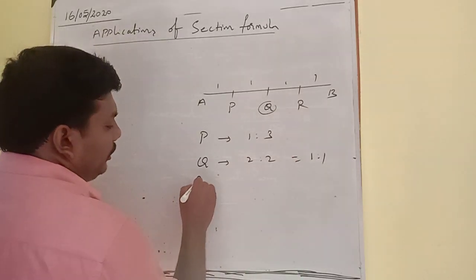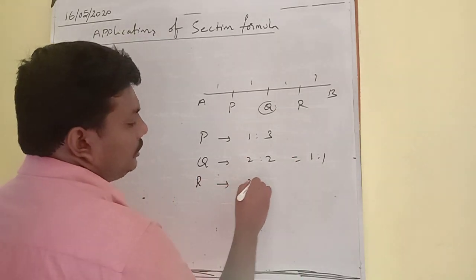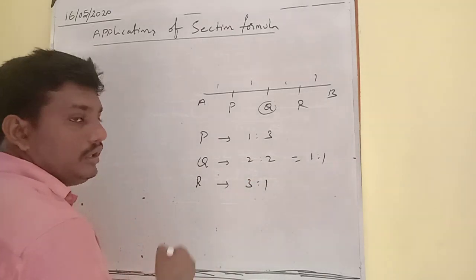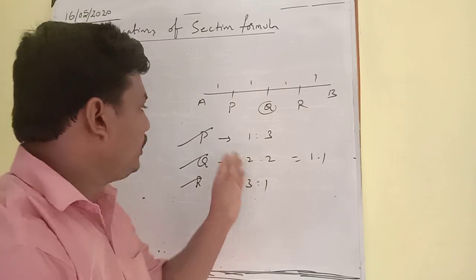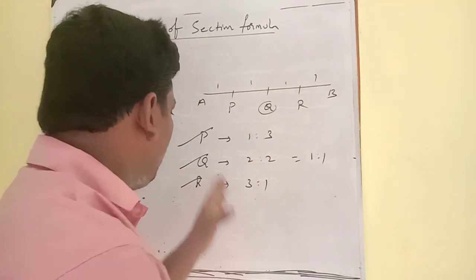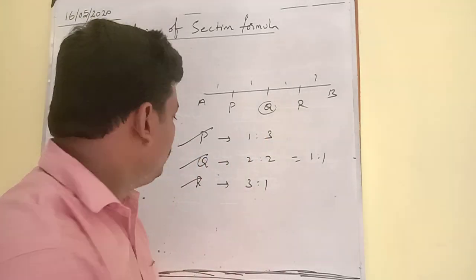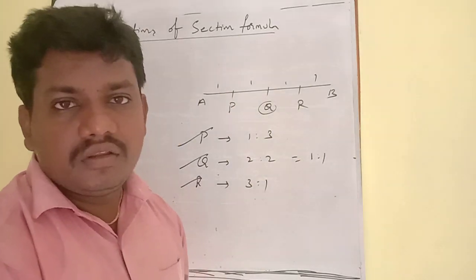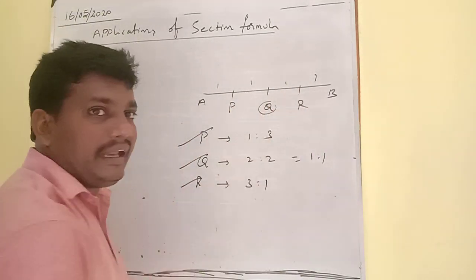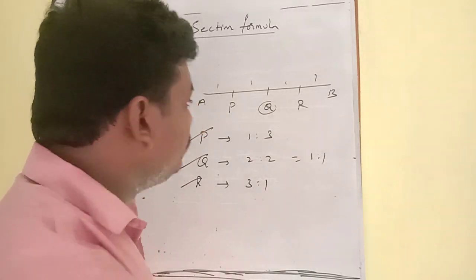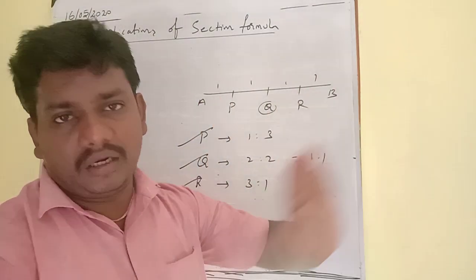Then R divides in the ratio of 3:1. That means 3 unknown points divide it. P divides in the ratio of 1:3, Q divides in the ratio of 2:2, and R divides in the ratio of 3:1. So the given AB line segment is divided into 4 parts.